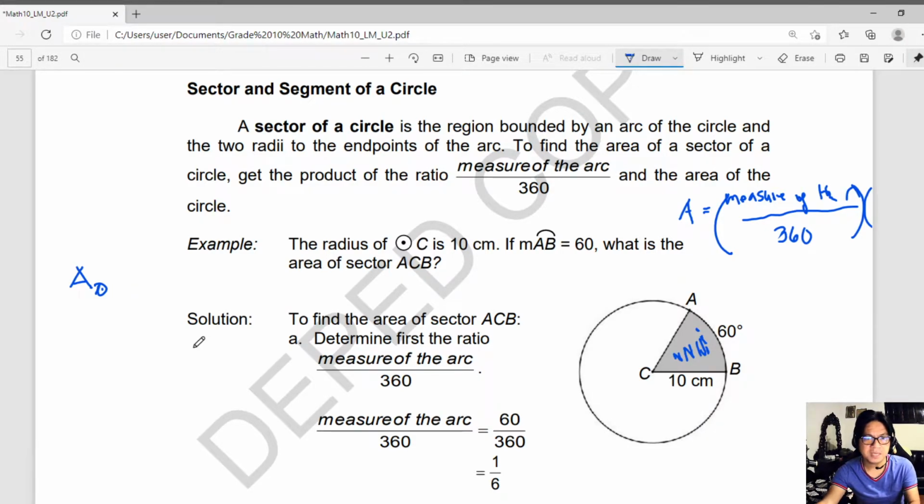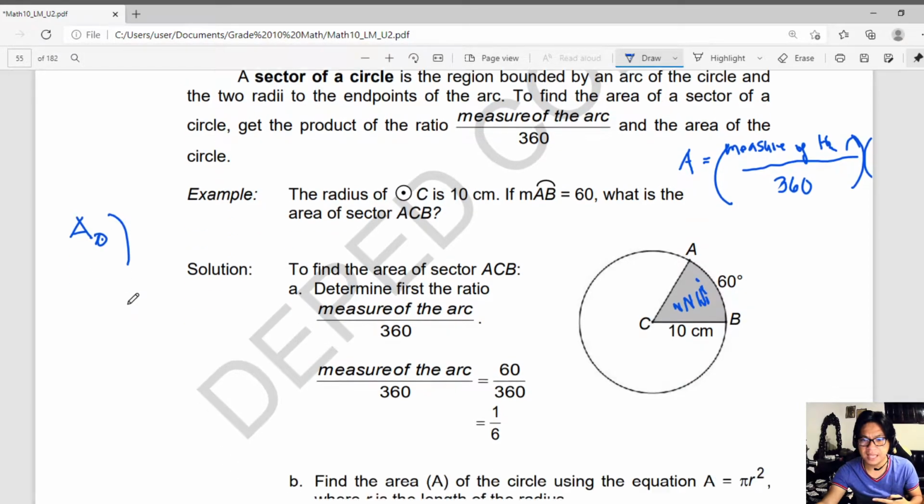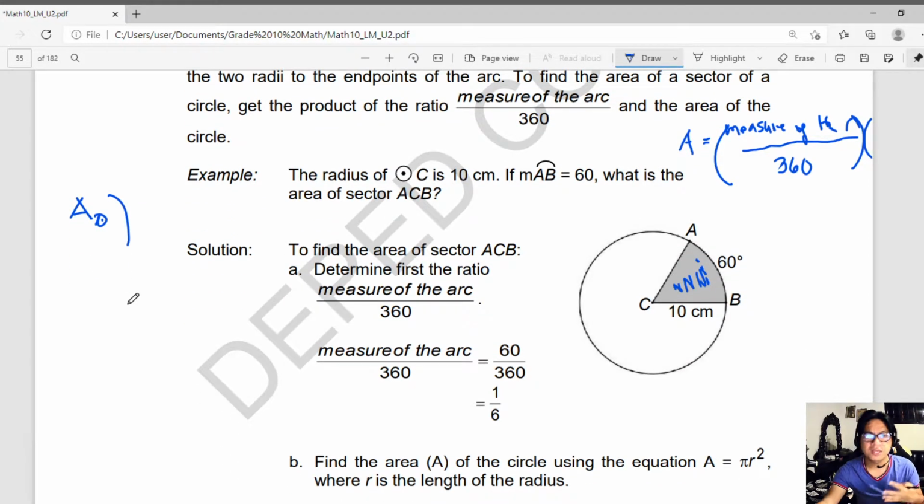So ibig sabihin, i-multiply lang natin itong ratio na to sa area of the circle. So by the way, what is the formula in finding the area of the circle? So the formula is the area of the circle is equal to pi r squared. Diba? Ito yung formula para mahanap yung area ng circle.